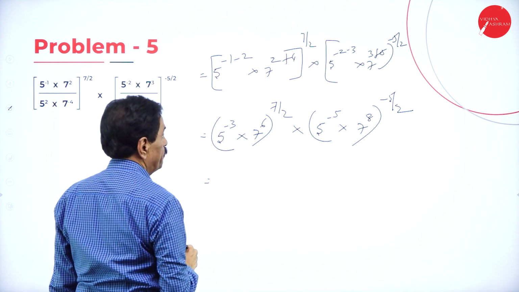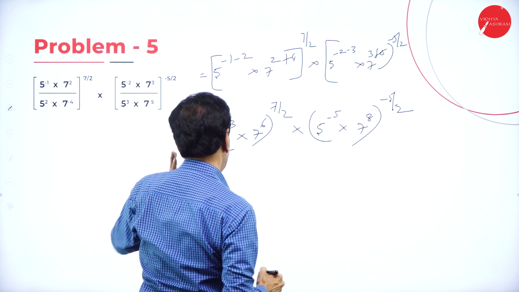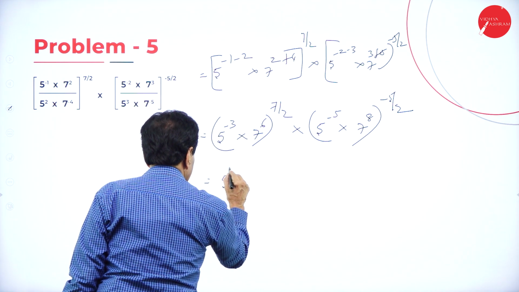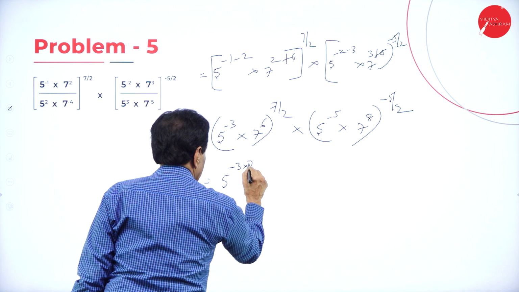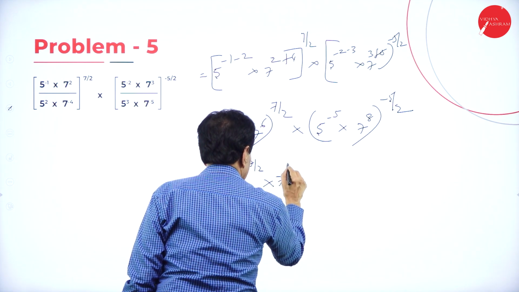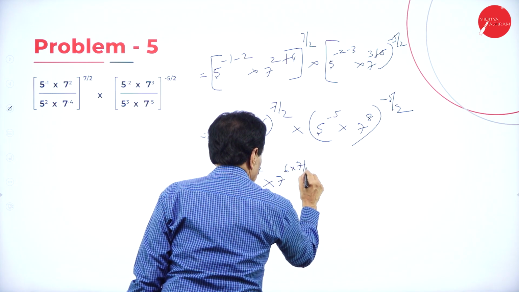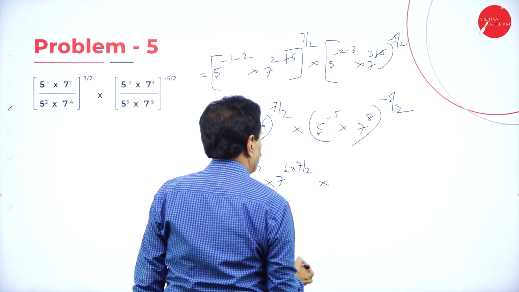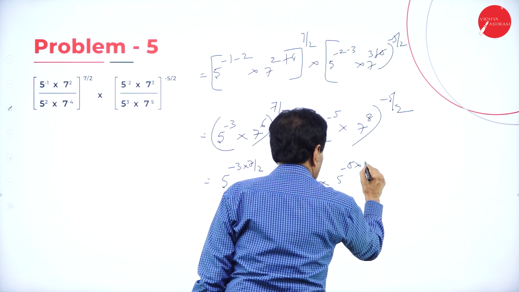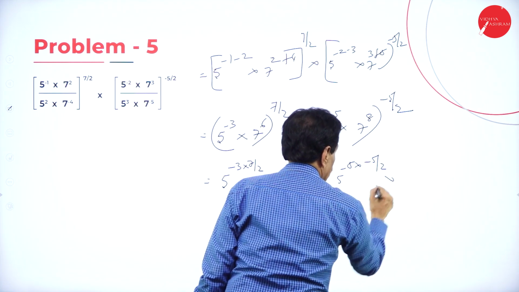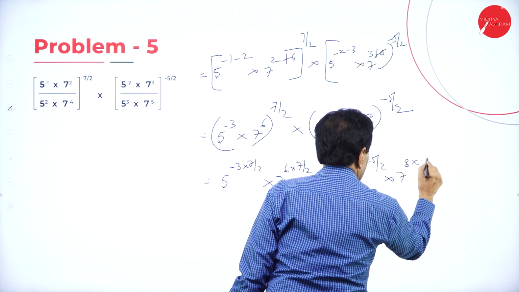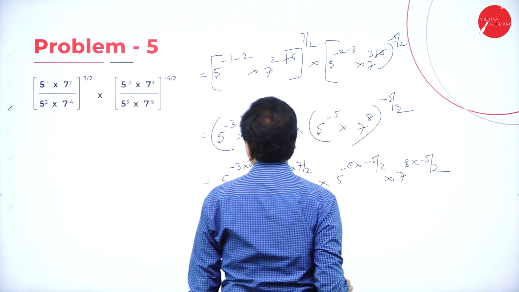Here also 5, here also 5 is there. This is 5 to the power of minus 3 into 7 by 2, 7 to the power of 6 into 7 by 2, 5 to the power of minus 5 into minus 5 by 2, 7 to the power of 8 into minus 5 by 2.